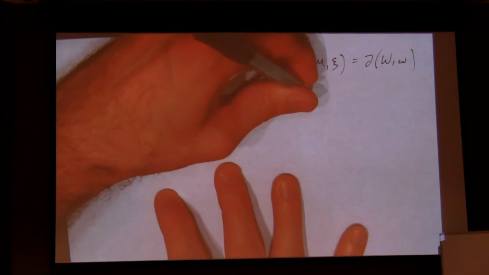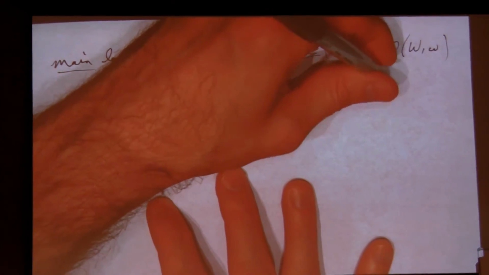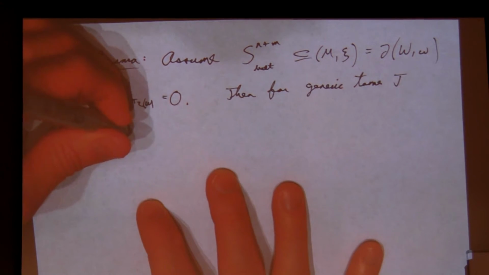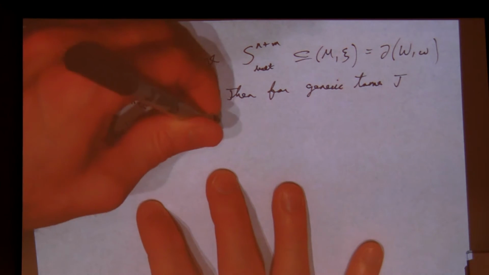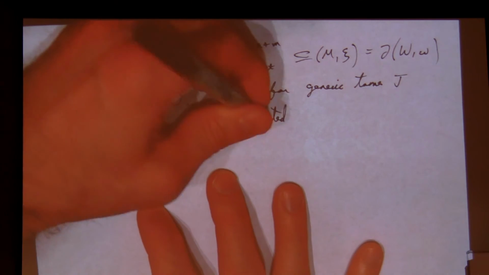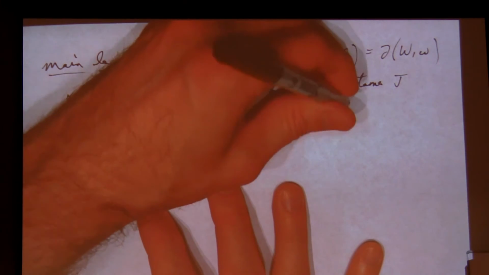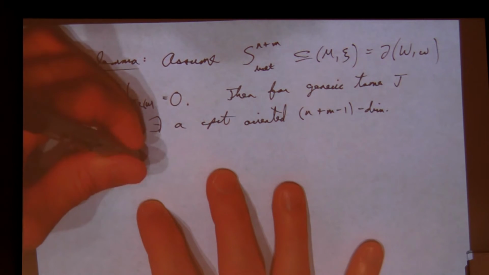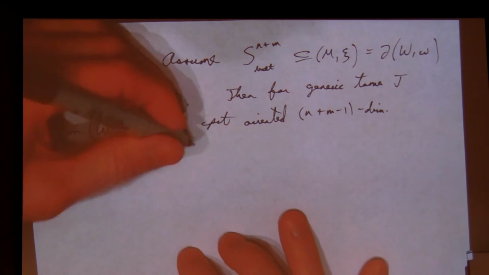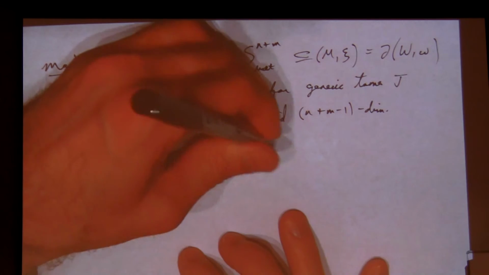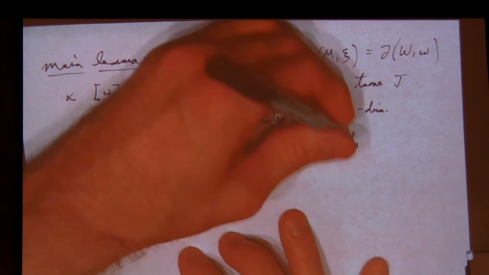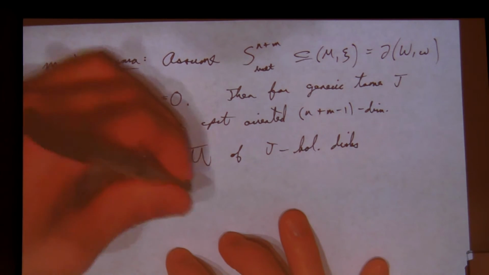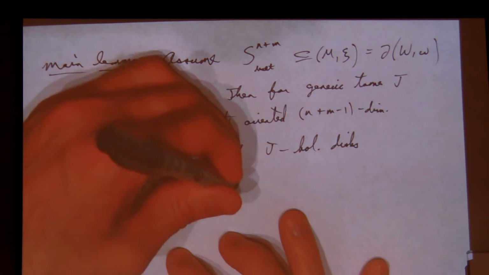Then for generic tame almost complex structures J on W omega, there exists a compact oriented n plus m minus 1 dimensional moduli space called M bar of J holomorphic disks mapping into W with boundary mapping into the belt sphere.